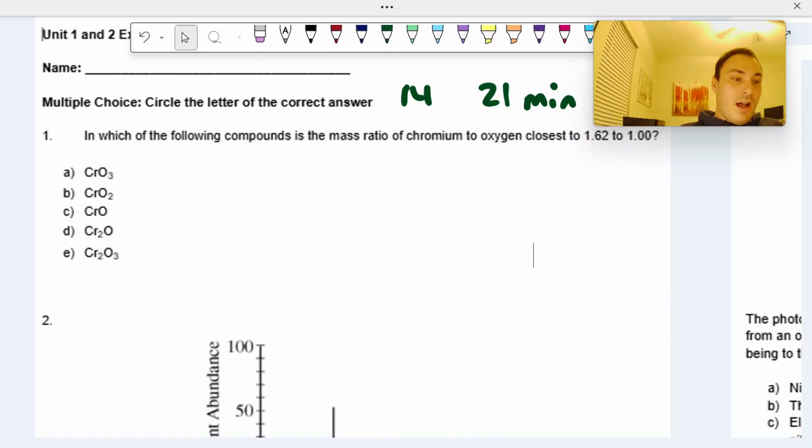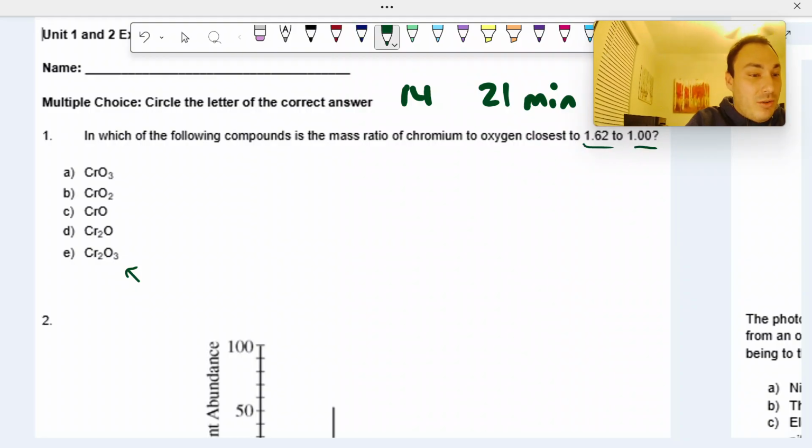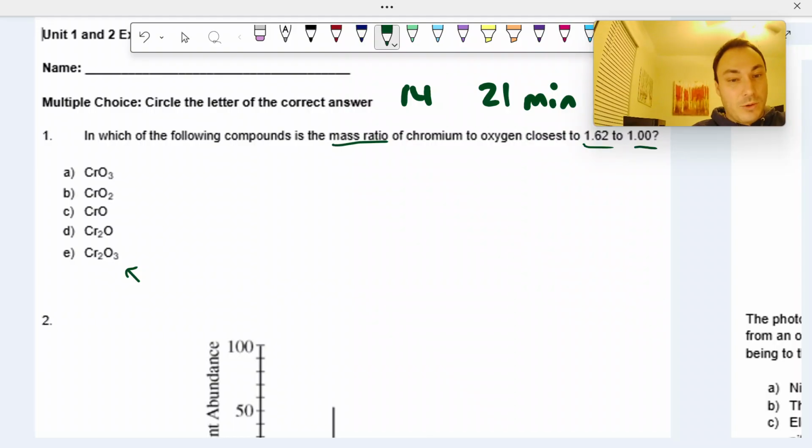In which of the following compounds is the mass ratio of chromium to oxygen closest to 1.62 to 1? So we had a question like this in the homework actually. So we have a compound made of chromium and oxygen. We're trying to get a formula, and formulas are mole ratios. We have a mass ratio. We need to get that to a mole ratio.